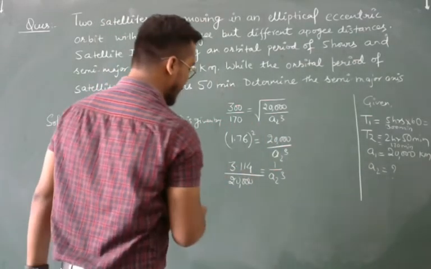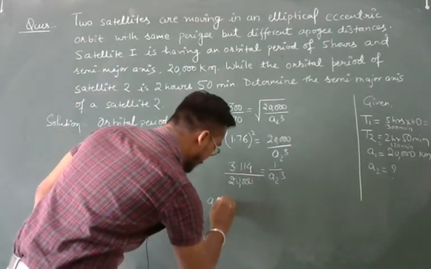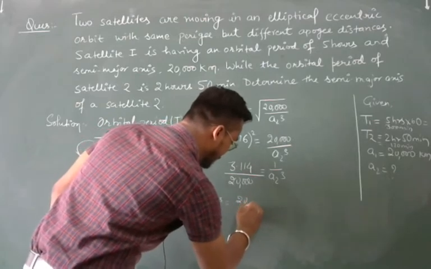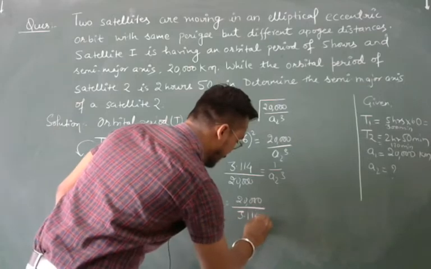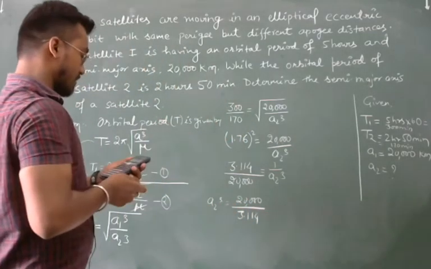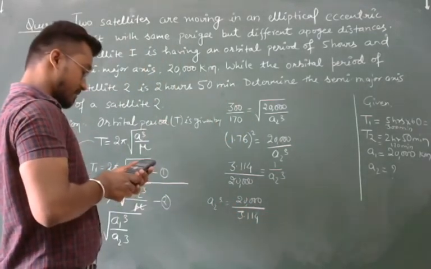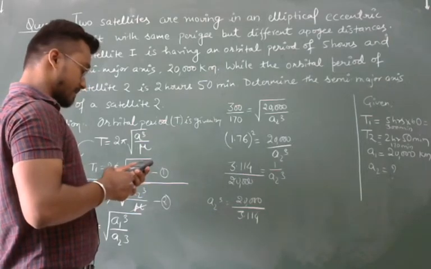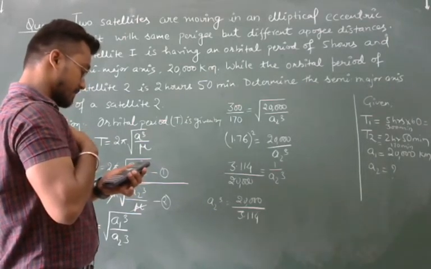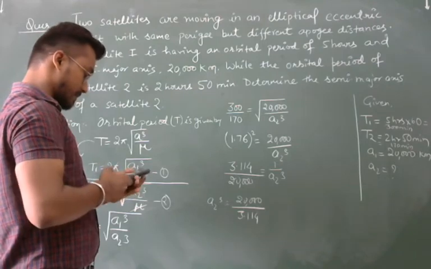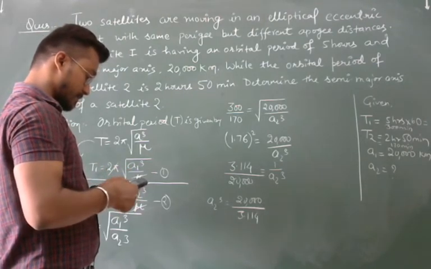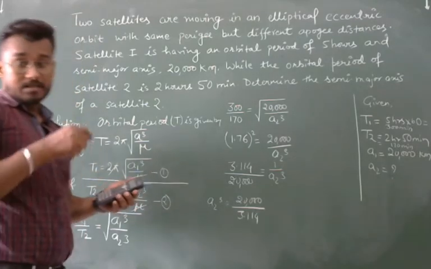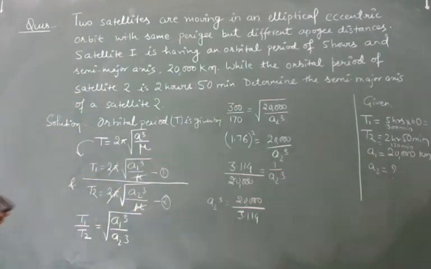From here we can simply write A2 cube is equal to 20,000 upon 3.114. So let me divide 20,000. Just do a calculation and tell me.